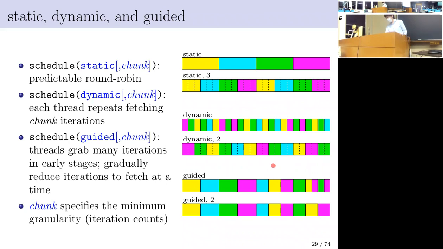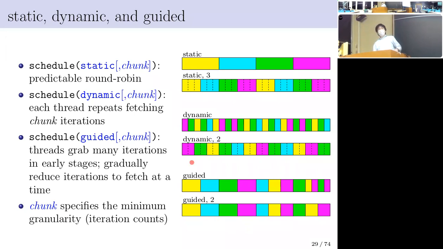It is trying to strike a balance against the overhead of fetching the work from some shared counter or something like that. In dynamic scheduling, there must be some data structure representing the next work you need to do when you become available. Each thread needs to check this counter and make sure that it gets the next iteration it should work on.